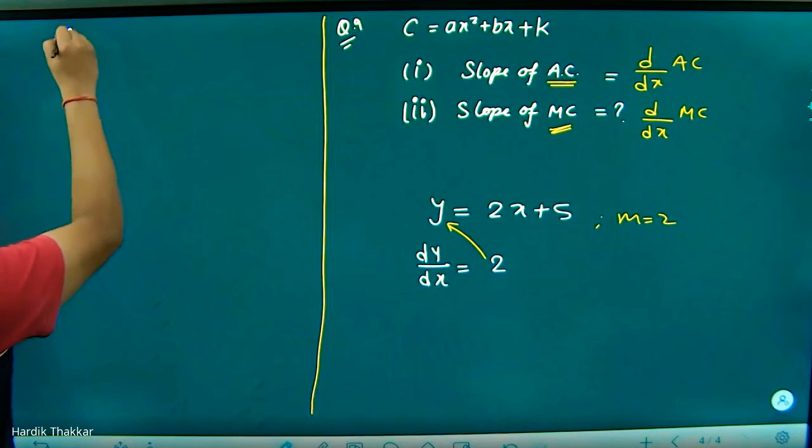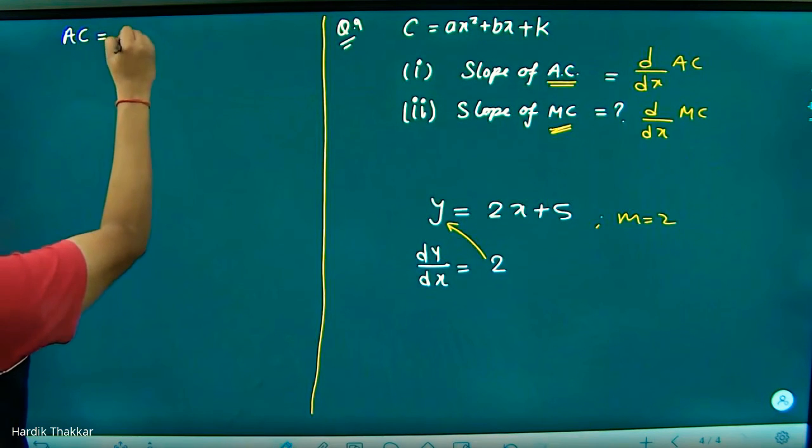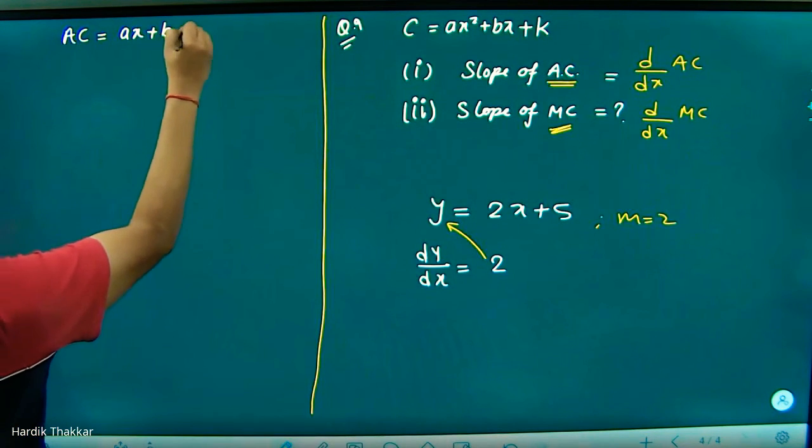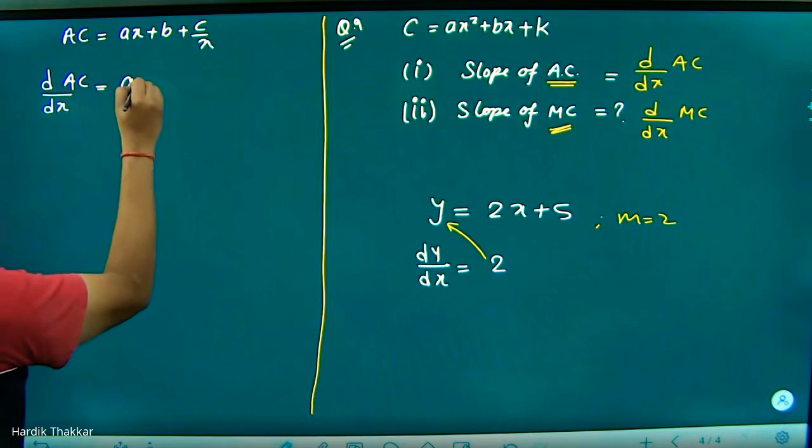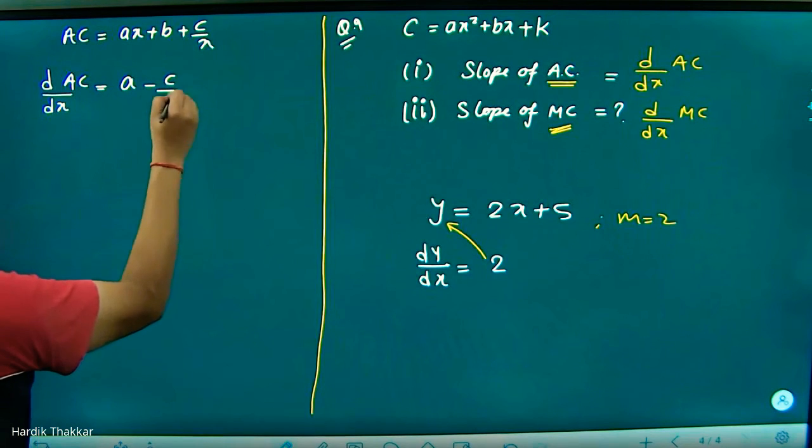So first we will find AC. It will be AX plus B plus C upon X. And further d by dx of AC will be A minus C upon X square.